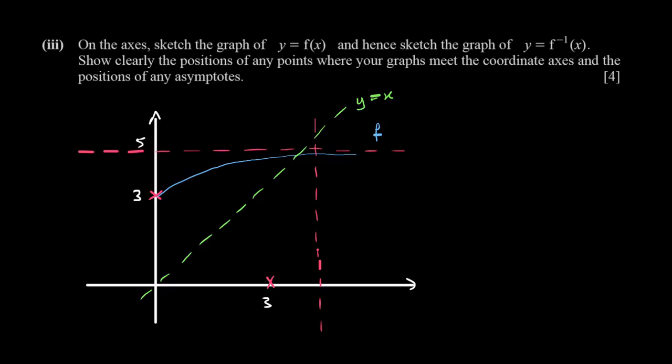And so my graph is going to be a reflection in the line y equals x, which is the green line. It's a little bit hard to do this with a tablet, by the way, so I hope you'll forgive that. What should happen is that those lines should intersect at the green line, the line y equals x. But that will be roughly the answer there, which is f inverse.